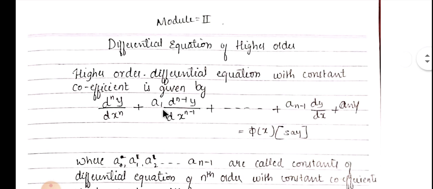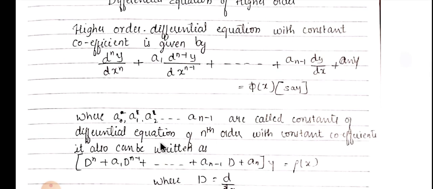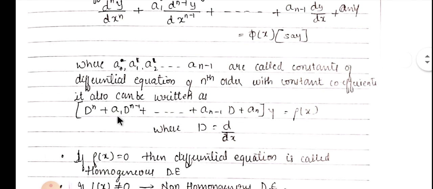Here you are observing a1 so on up to the nth term. These are all called constants of the differential equation of nth order with constant coefficients, and this equation can also be written as d to the power n plus a1 d to the power n minus 1 plus so on up to plus an minus 1 of d plus an of y, which is equal to phi of x or p of x.